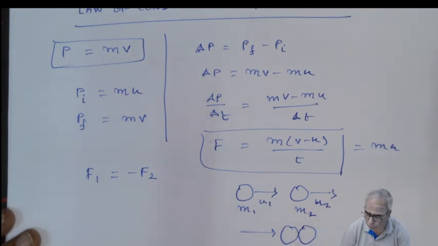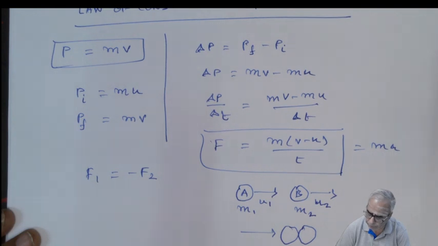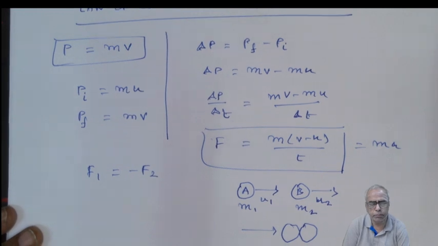Let me consider this is A, this is B. So the force of this body, FAB, acts on B. Similarly, this force acts on A. So FBA during collision.